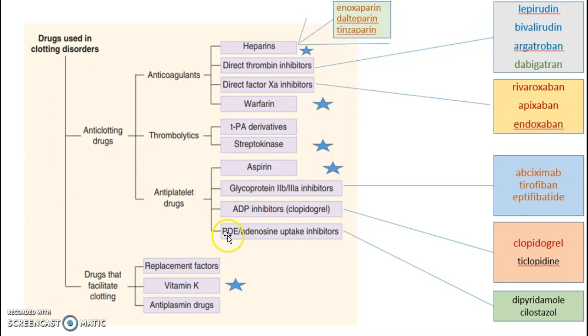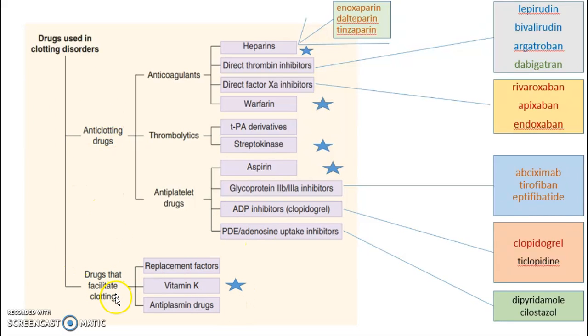And then the last category among the anti-clotting drugs is the phosphodiesterase inhibitors or adenosine uptake inhibitors. It's a PDE inhibitor, and it also inhibits adenosine uptake, which we will show in a cartoon later on. There are two types, mainly dipyridamole and cilostazol.